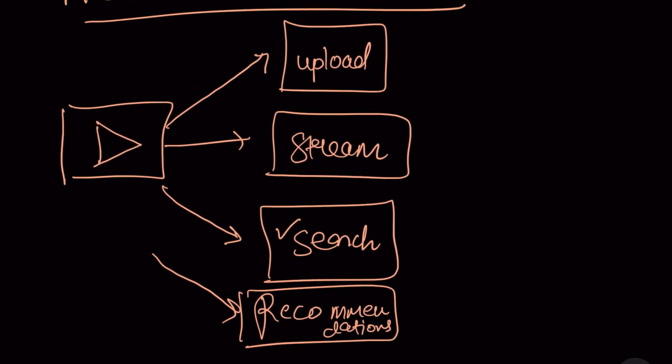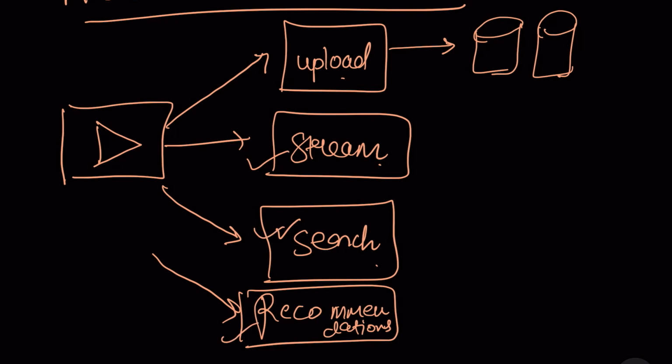And so over here you can see that our system for YouTube has been broken into smaller independent services, like for upload, for stream, for search, for recommendations, okay? So if you want to scale the database of the upload, you can do it individually without affecting the stream, search, or recommendation functionalities or components, okay?